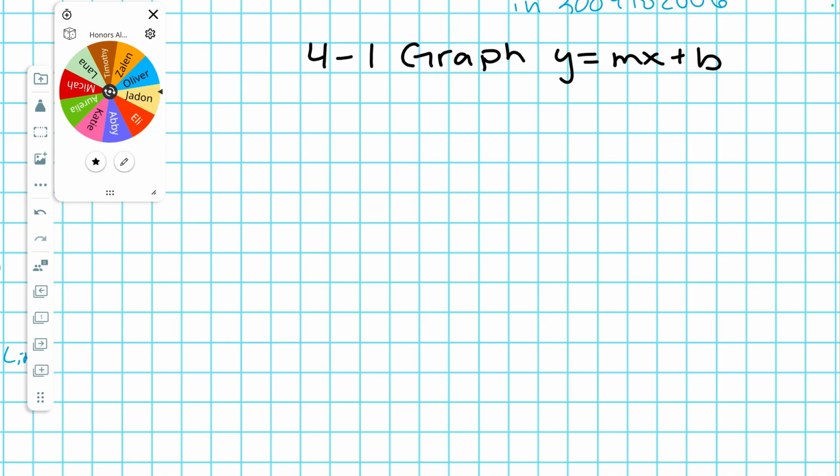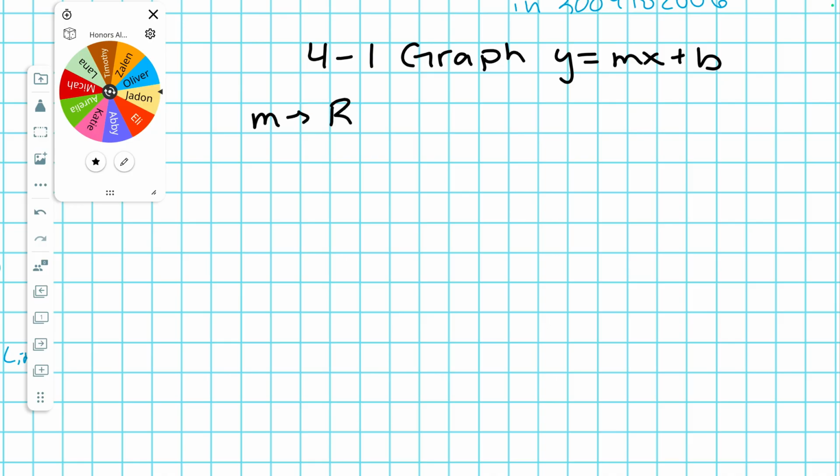Now when you do this, there are going to be different steps for each one. So it's important that you keep track of which each one is. All right, so let's start with the m.